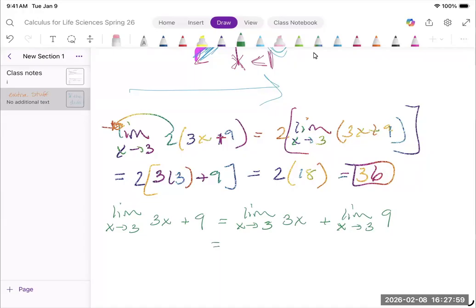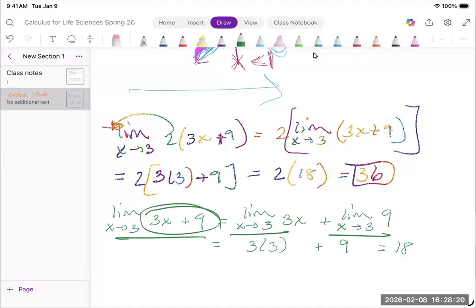Here we can throw in the 3, and the next one we know is 9 from rule 1. Again, we can split the limit into separate limits if the function is plus or minus stuff.